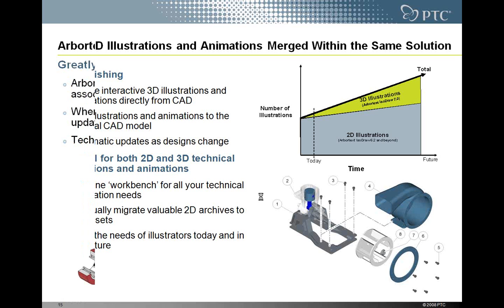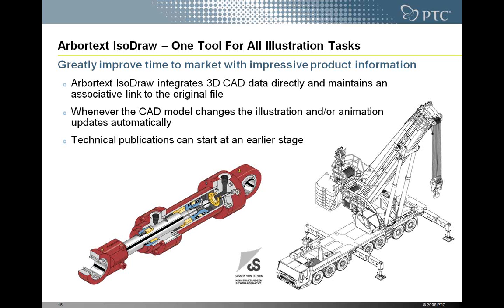Improving your time to market. You know design's going to make changes. Instead of having to wait until week 11, and there's only 1 week left until the product ships, you could potentially start your illustration during week 2 of the design process for a big order that's coming up. And as the design changes, just update the illustrations downstream.